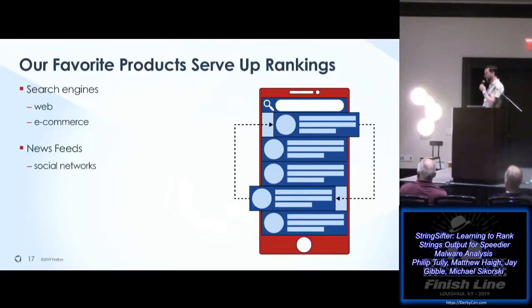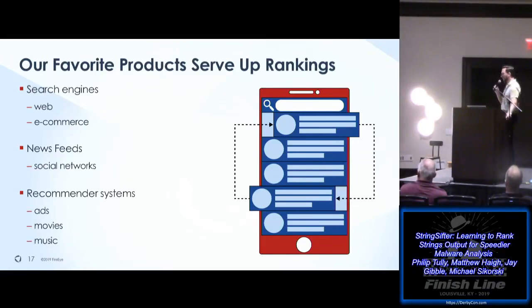Every time you log into a social network, typically your friends who are posting are not ordered chronologically on your timeline, right? They're ranked according to some relevance. So maybe your closer friends will appear higher up on your timeline, or people who you share common followers with will also shoot up in that list. And then lastly, recommender systems, the way that different websites serve up ads to us on the side of news articles we read.